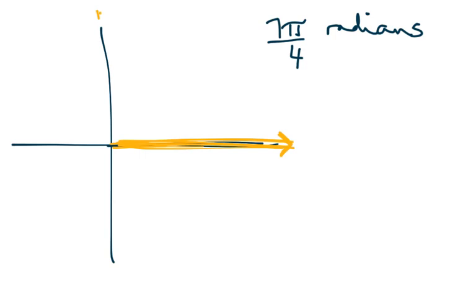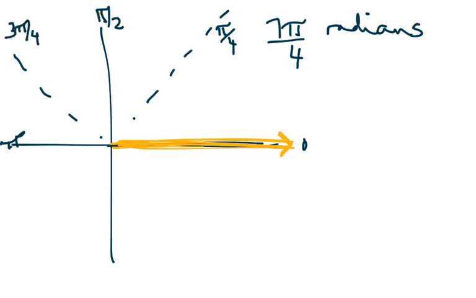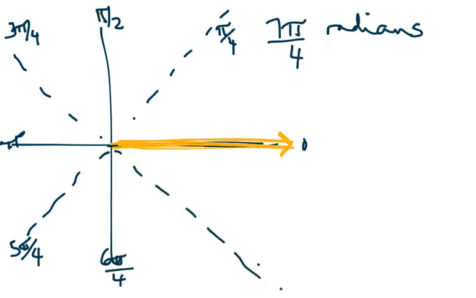This is pi over 2, and this is pi. So if we wanted to do fourths, that's going to be exactly in the middle here, pi over 4. And this is going to be in between, so 3 pi over 4. That's going to be 4 pi over 4. This will be 5 pi over 4. 6 pi over 4. So this right here is 7 pi over 4.